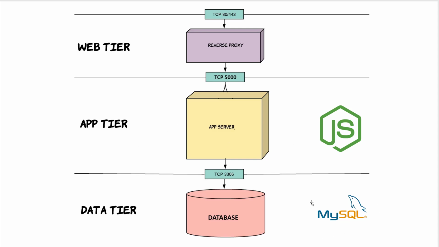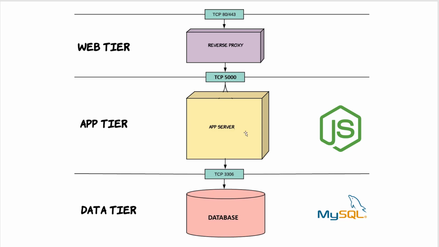Also, I need to bring up a database and connect the application server to the database and see if they are working well. Then we can go forward and prepare an image for this application and deploy them on the Kubernetes cluster.